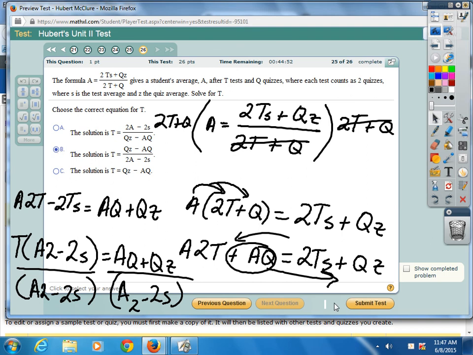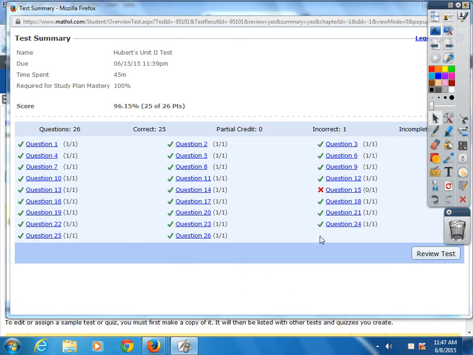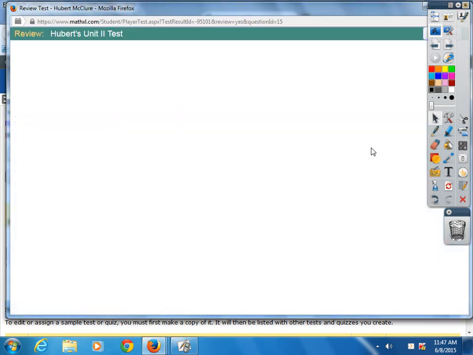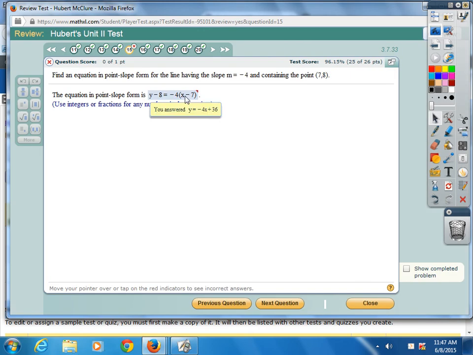We're going to submit the test. What did we make? 96, we missed one. We missed number 15, probably because of a parenthesis or something. Mine is the correct answer.